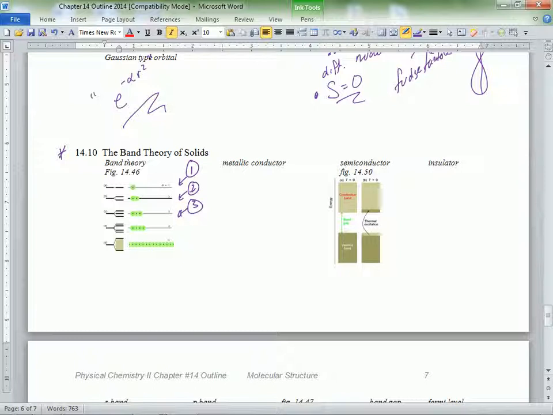But a solid has a lot more than 6 atoms, gazillions of them. So what you end up with is a band of all these molecular orbitals. Let's go back here.